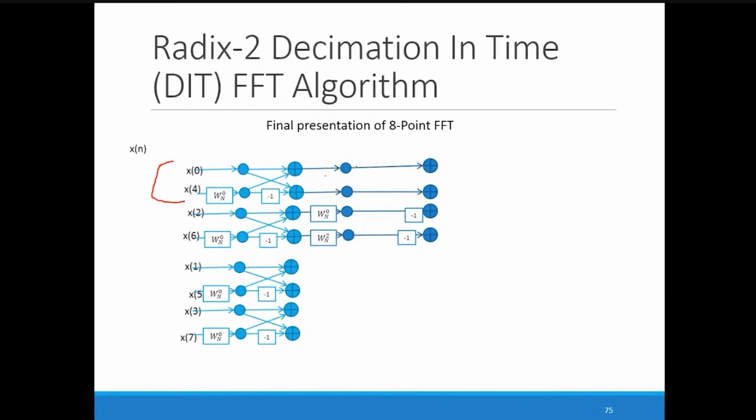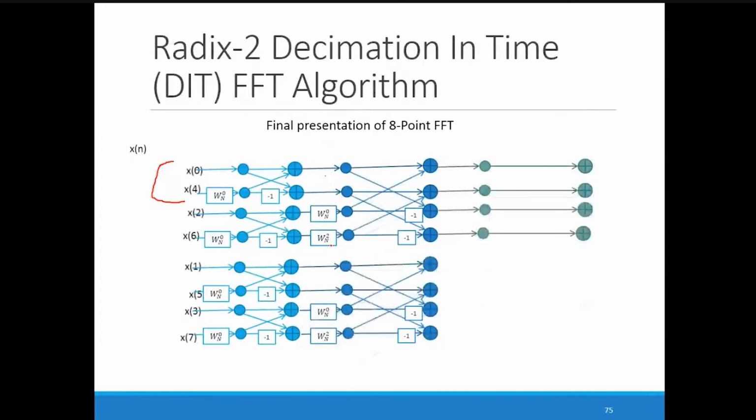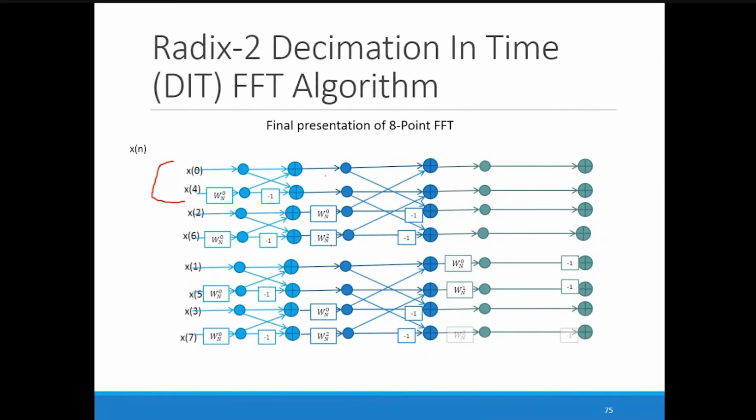Out of that, 2 are multiplied without any twiddle factor. In the second, we take the twiddle factor, initially omega n 0 and then omega n 2. Similarly for the last stage, we take the 4 twiddle factors: omega n 0, omega n 1, omega n 2, and omega n 3. After that we apply the negative sign, and we get x0 to x7.